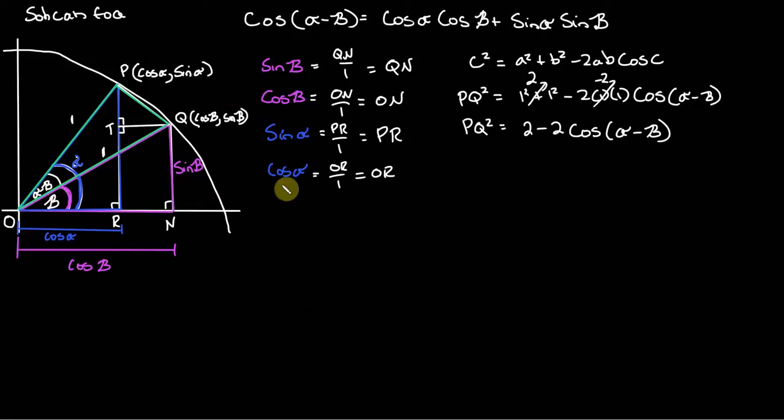And so we could now just use our distance formula and substitute in for PQ squared. So let's keep this expression, PQ squared equals 2 minus 2 cos alpha minus beta, aside for a second. And let's focus on using the distance formula here to further define PQ. The distance formula is quite basic, right?